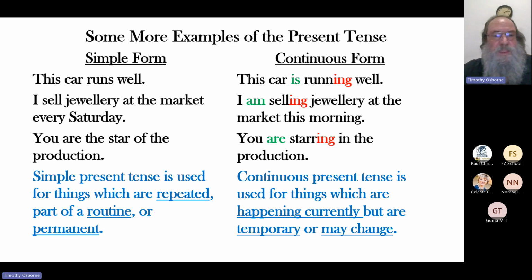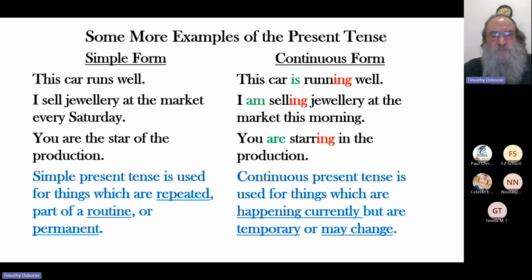And here in comparison, we have the continuous present tense used for things which are 1, happening currently, but are 2, temporary, and 3, may change. And there we have it in a nutshell. There you've got your simple form and your continuous form.